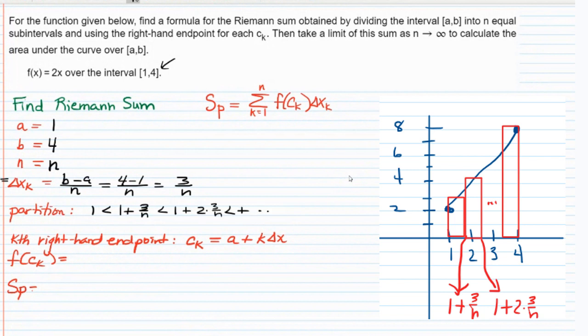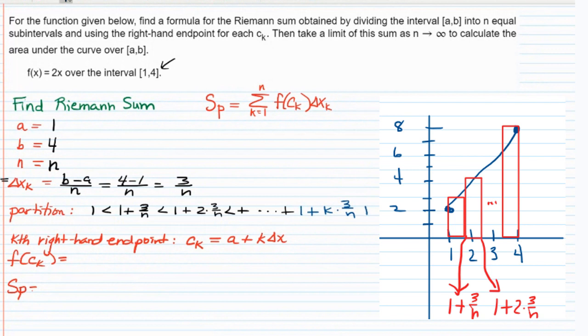And we're going to keep doing this, and by the time we get to the kth right endpoint, by the way, this would be the right endpoint of that first subinterval between 1 and 1 plus 3 over n. And then the one next to it, 1 plus 2 times 3 over n, that would be the right endpoint of the interval between these two values. And then by the time we get to the kth subinterval, we have 1 plus k times 3 over n.